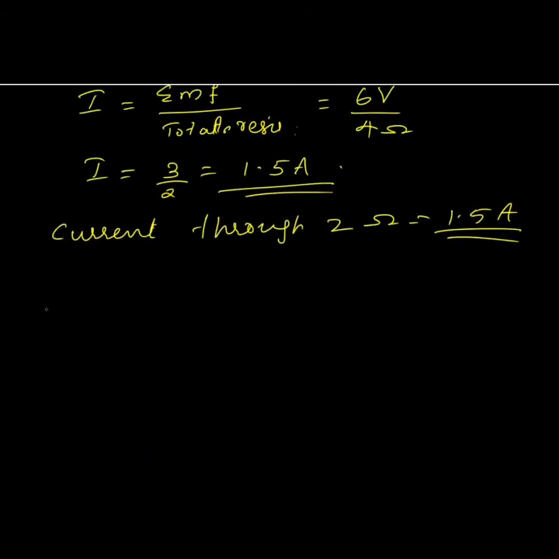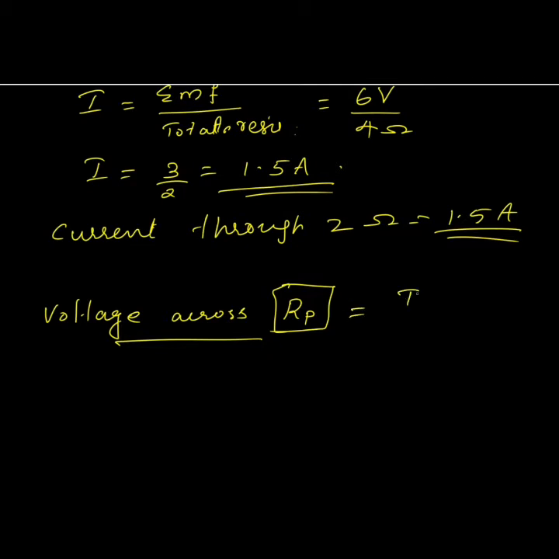You can write voltage across RP, because RP is the total resistance of 6 ohm and 3 ohm in parallel, equal to current I multiplied with RP.